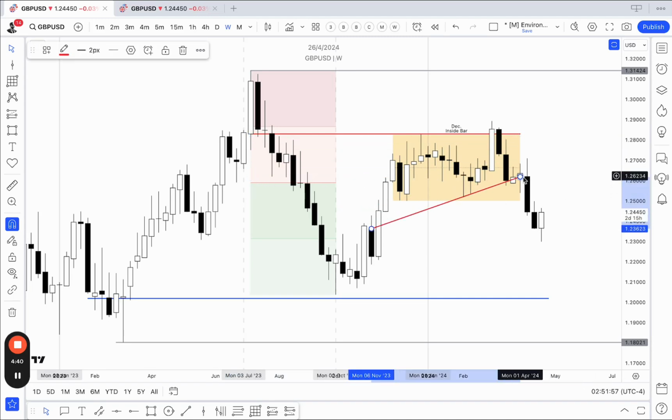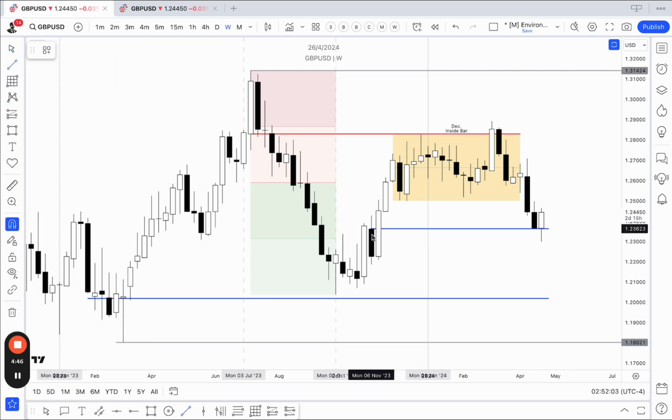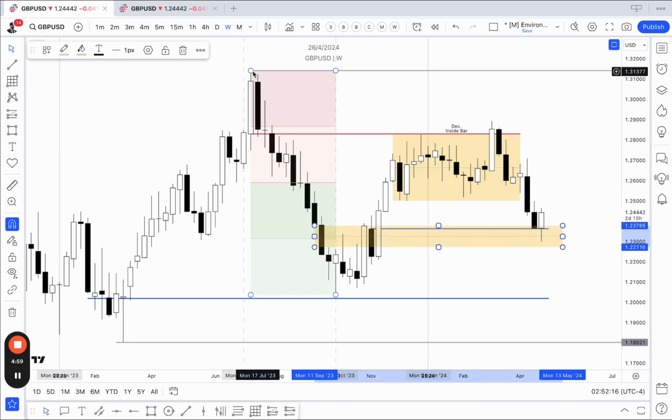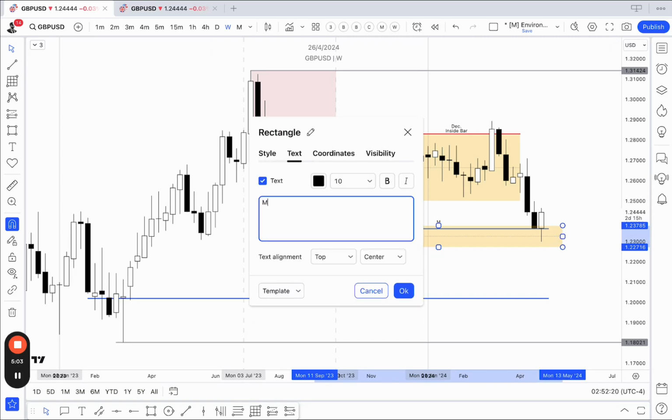This propulsion block here. So we'll mark up the propulsion block, but also this Medusa PD array, the most extreme fair value gap within the price range. That's the Medusa, and you can see that is what price is currently at.